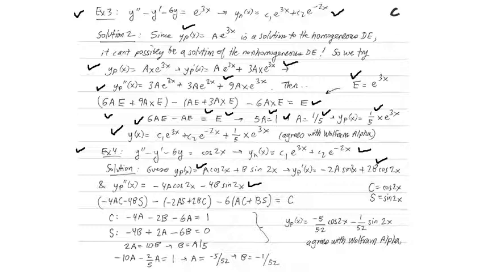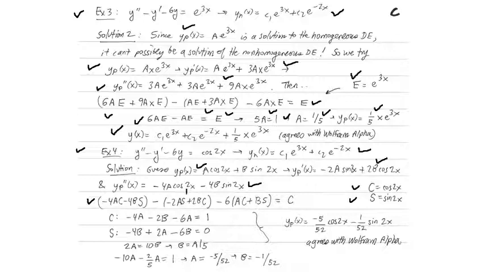At this point, just like before, we're taking those expressions and plugging into our differential equation. And I like to use a little bit of shorthand here, just mainly to save writing. So if C stands for cosine 2x and S stands for sine 2x, this is the expression we came up with for y double prime using my shorthand notation, minus 4ac minus 4bs.